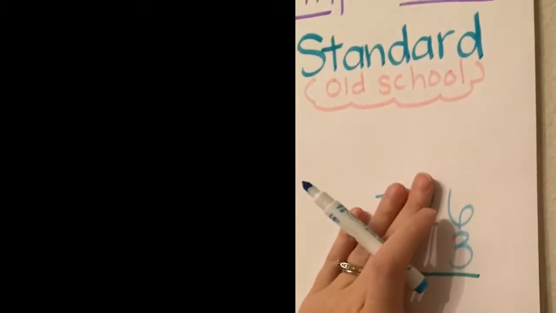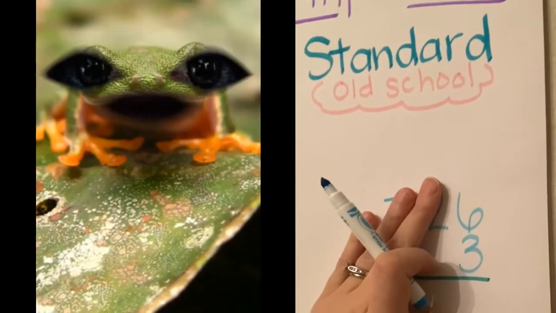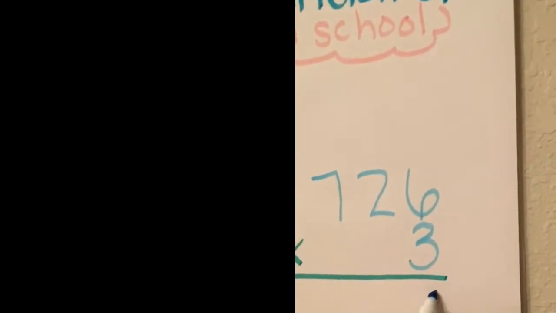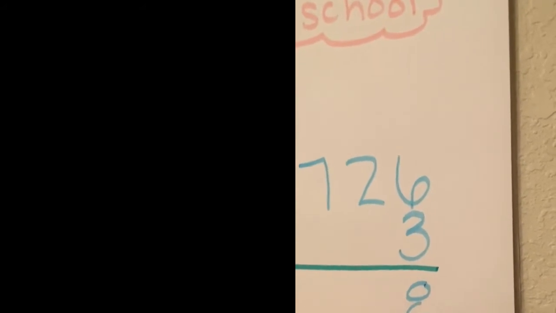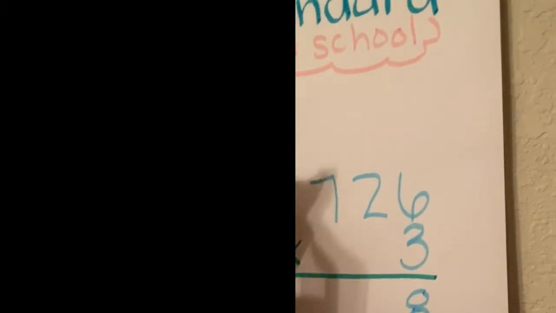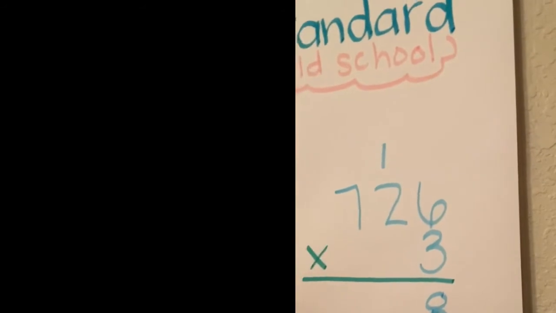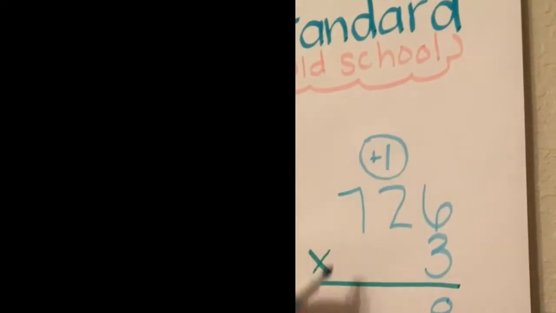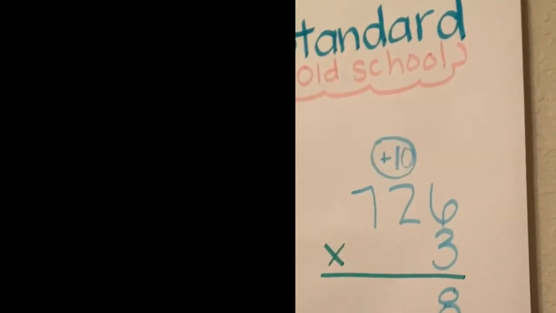So I'm gonna multiply in the ones place first. So 6 times 3 is 18. I bring the 8 down here because it's in the ones place, but that new set of 10 I just made needs to come over here. So it's really like you are adding 10 in here, but often we'll just write the 1.